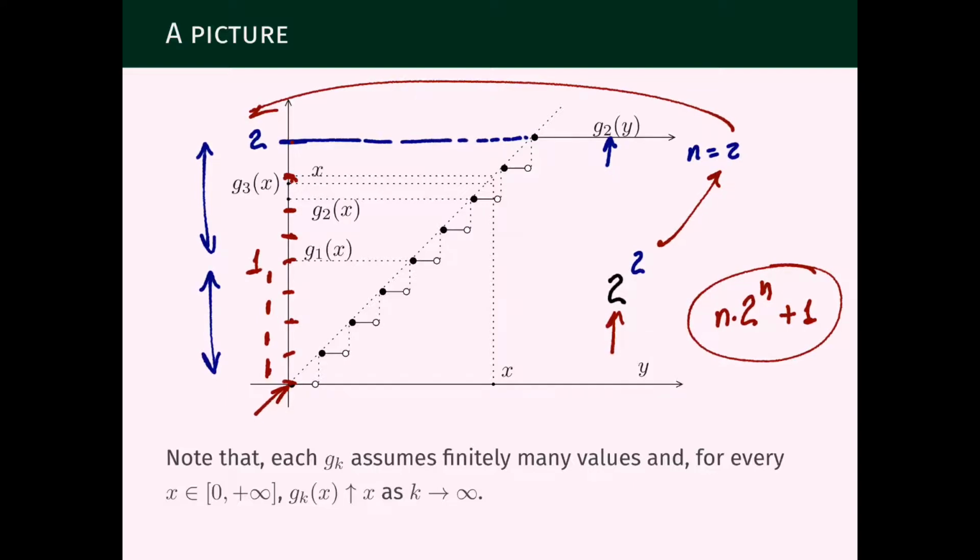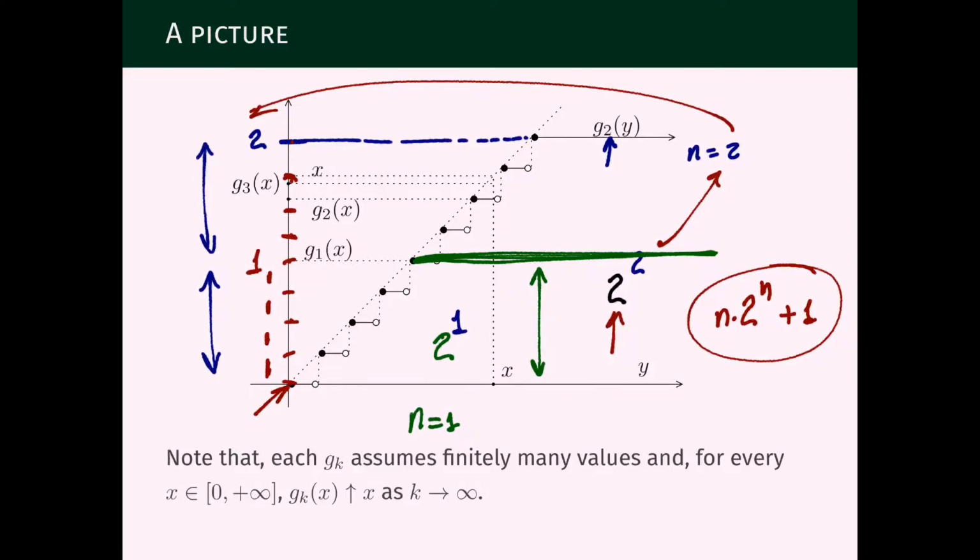And the same will be the case if we take n equal 1. If we take n equal 1, this function takes value at most 1. And each integer interval, well, there's only one integer interval here, it's split into 2 to the 1, just like before here.